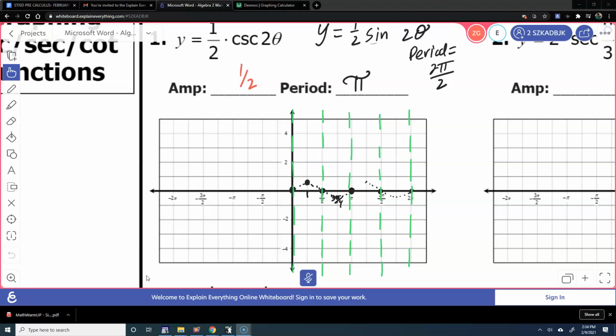So now to draw cosecant, it's going to be parabolas, okay?